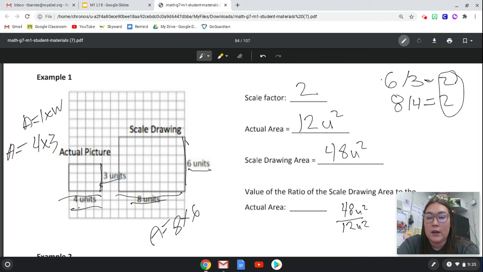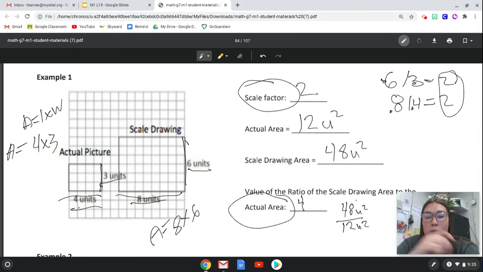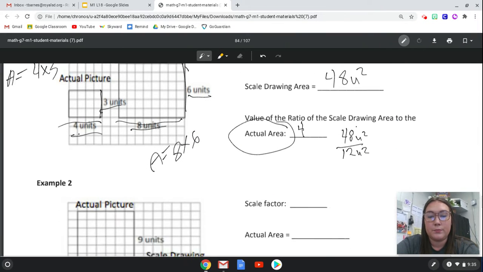Just like I did here, I had my scale drawing divided by my actual drawing. And I'm going to see that my area ratio is 4. And so here I'm going to compare my scale factor of 2 to my area ratio of 4. So let's keep that in mind as we go through the next example.